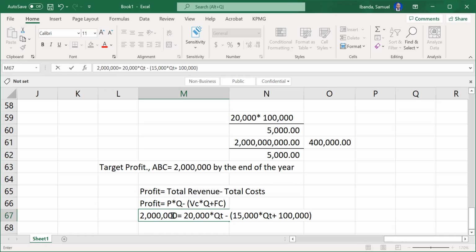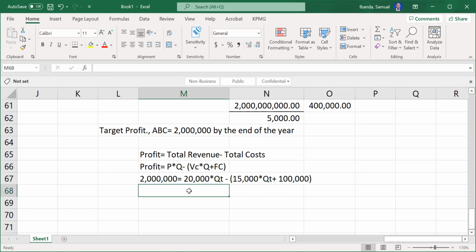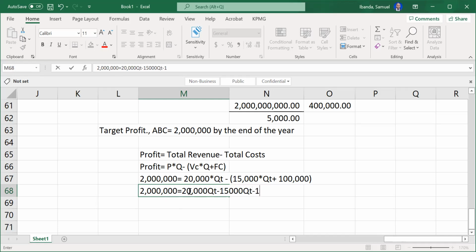And what I will just do mathematically is to calculate the equation. And this is how it will look like. My 2 million will now equal 20,000 QT minus 15,000 QT minus 100,000.